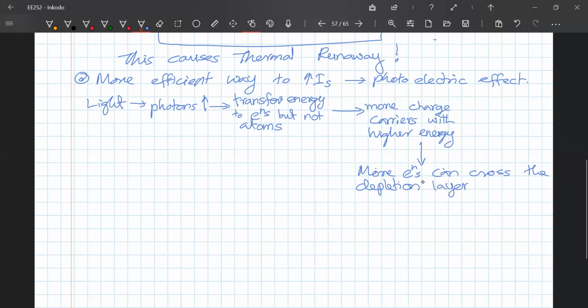Which means the resistance has now actually gone down, not increased. It's just more conductive. That will actually increase IS. IS will increase without increasing R due to atom vibration.